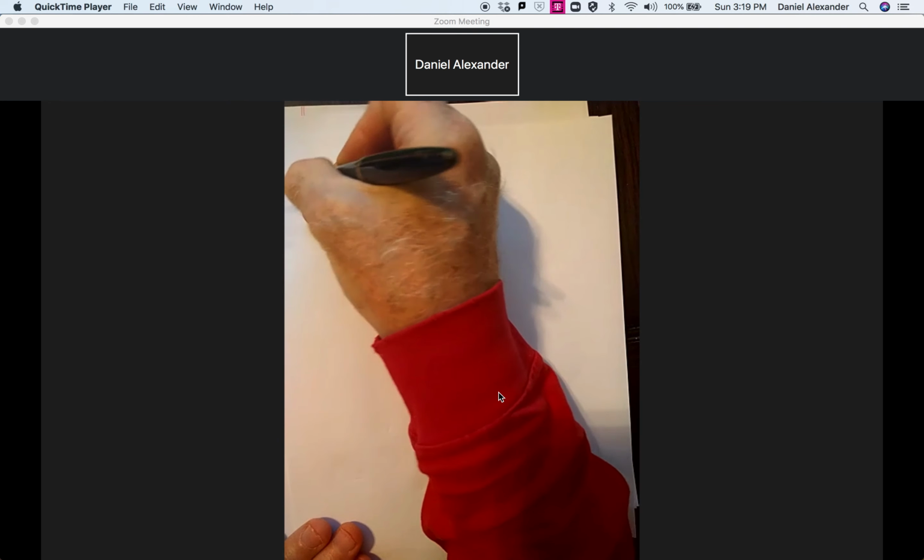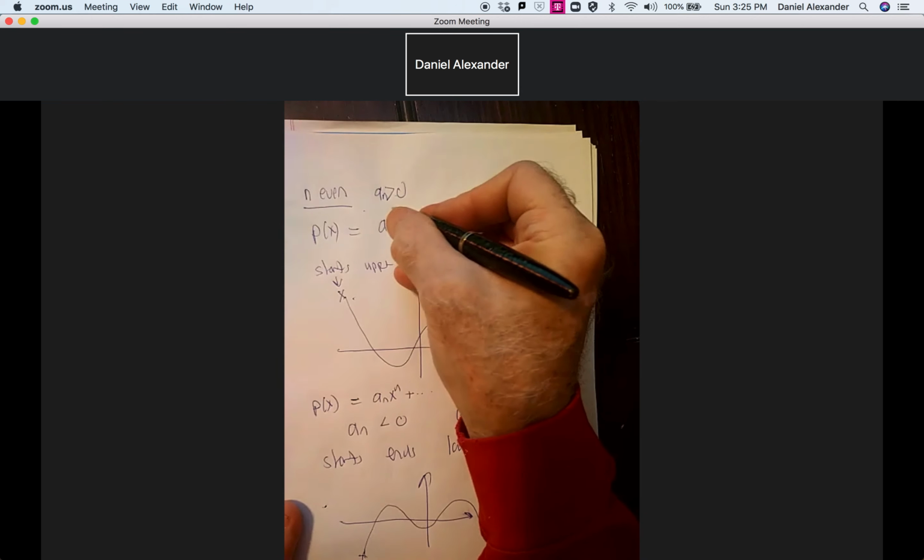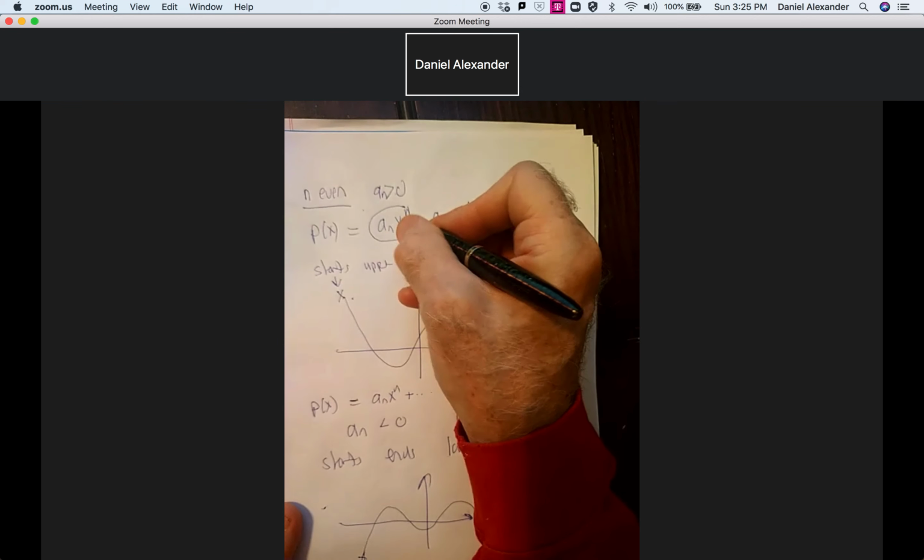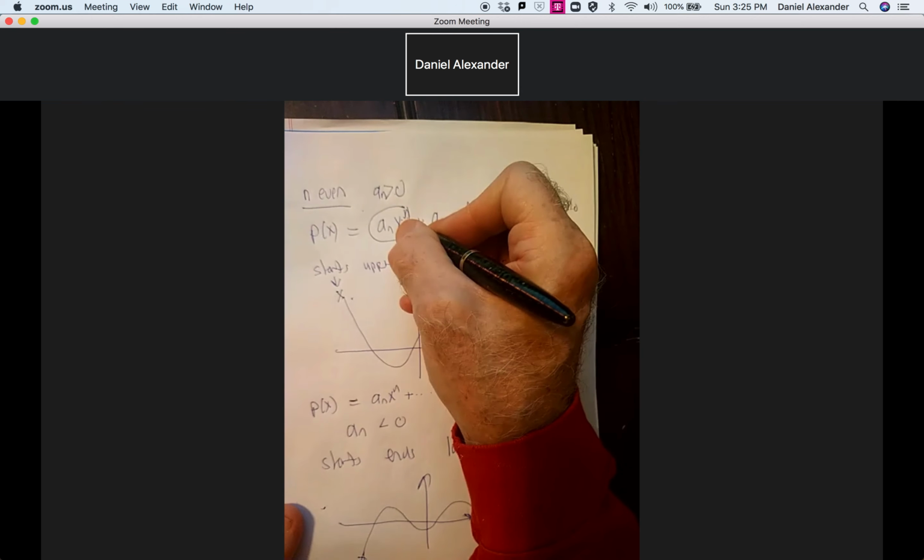So instead of this, the graph would look something like this. And again, that is because when n is even, this is going to be a large positive number, no matter what sign x is, because we get positive times positive. When n is even and a_n is negative, we're going to have a negative times a large number. And that's why we see this behavior. Okay.